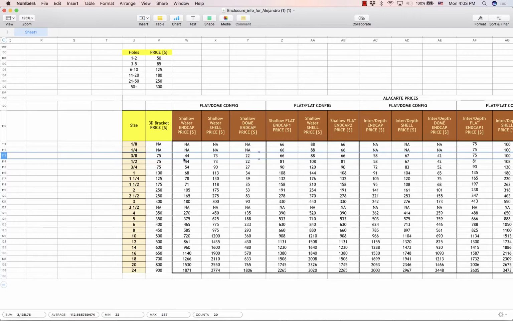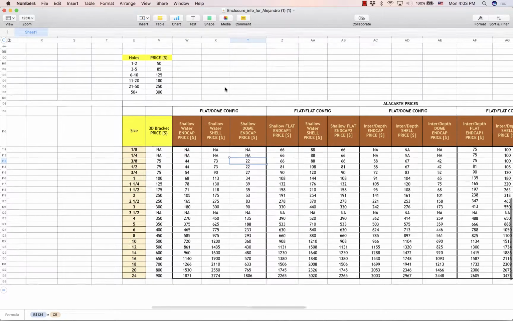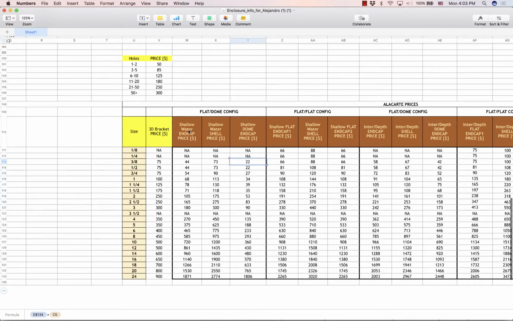So 44 plus 73 plus 22, it's $139 to add the shell, the end cap 1, and the end cap 2. Of course, if they select holes, when they start adding holes, that price is going to go up. But so far, it's 139 with the end cap 1, the shell, and the end cap 2. The bracket is another configuration they have to add to it. 75 plus 75 is 214.